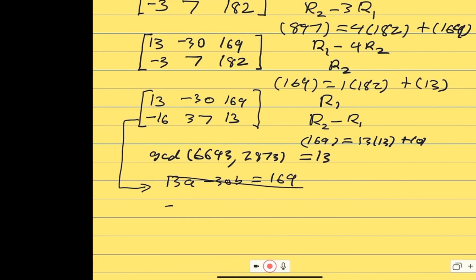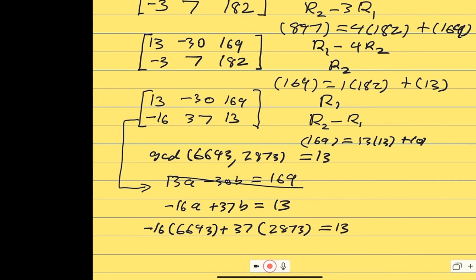But this one here says that minus 16a plus 37b is 13, or minus 16 times a, which was 6643, plus 37 times b, which was 2873, is 13.